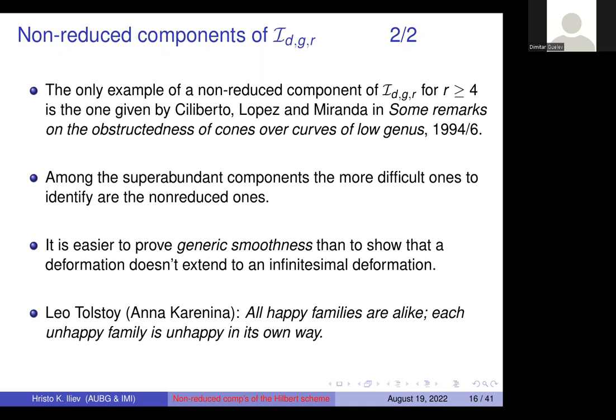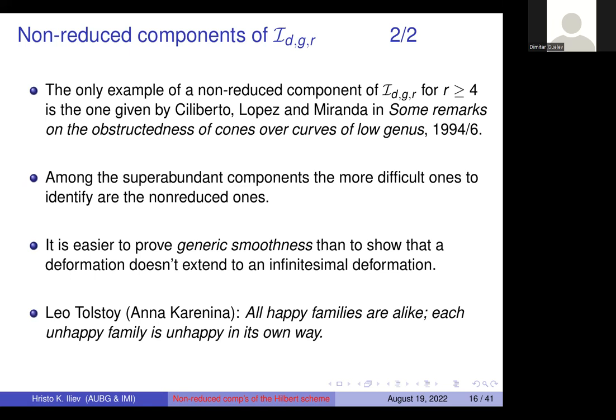The way one shows that a component is generically smooth is usually to find a family of some dimension and then try to calculate the dimension of the tangent space. And if it happens that the dimension of the tangent space is equal to the dimension of the family, then you have a generically smooth component.